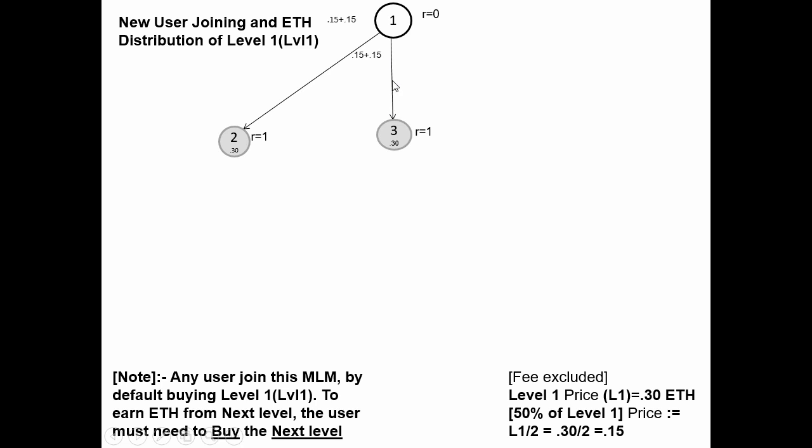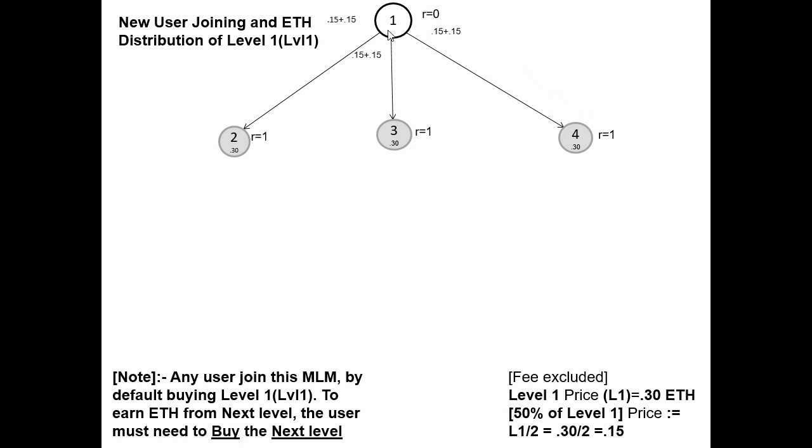Here you can see this arrow line, this is connected to this one. In the same way he is adding another user, user 4, and both amounts go to user 1.